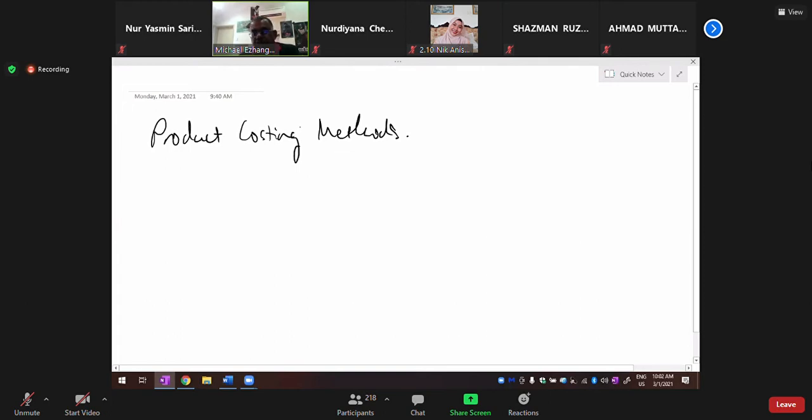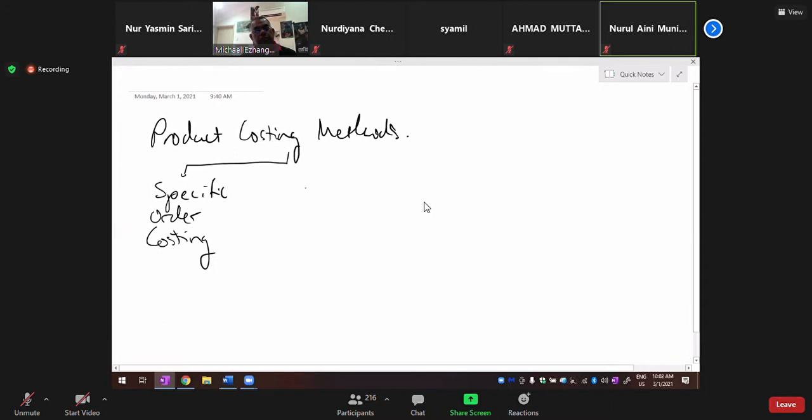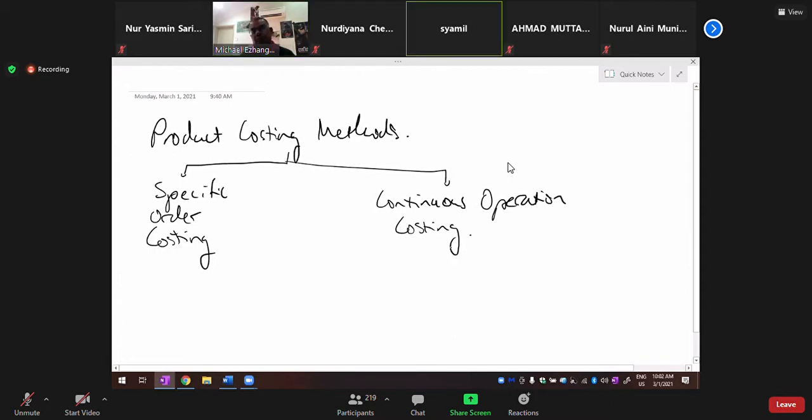Different manufacturing and different service type environments, right? Now, product costing methods can be split into two categories. One is called specific order costing, and the other one is called continuous operation costing.